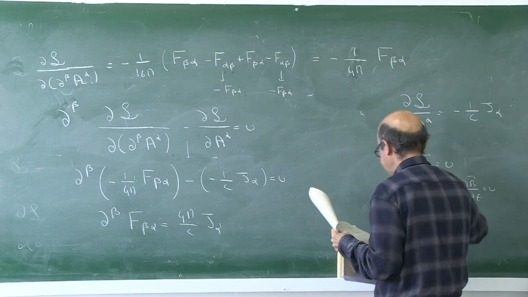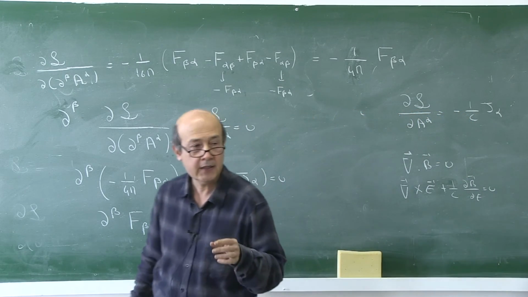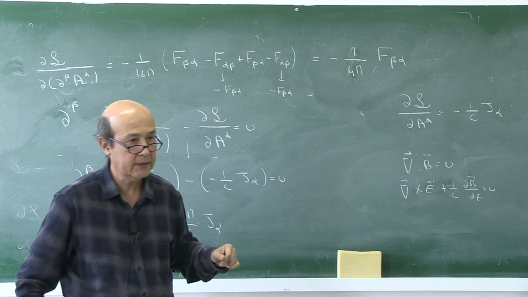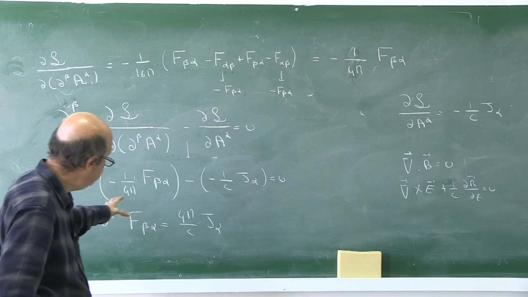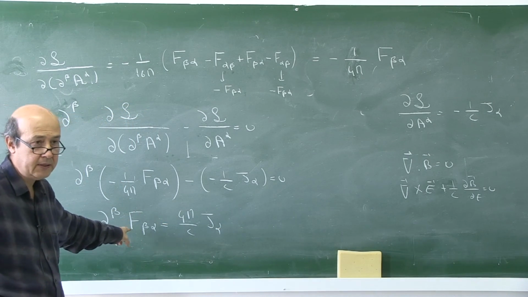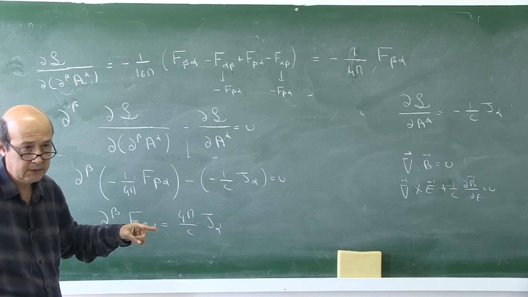So the question: can we find the Lagrangian density for the other set? Why do we find the Lagrangian density for this, and not the other one?